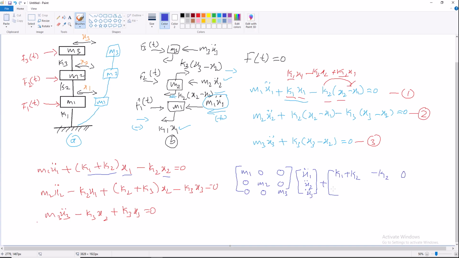For the second equation, x1 is associated with minus k2, x2 is associated with k2 plus k3, and x3 is associated with minus k3.